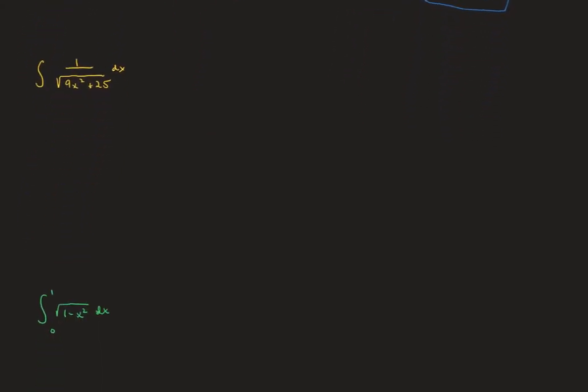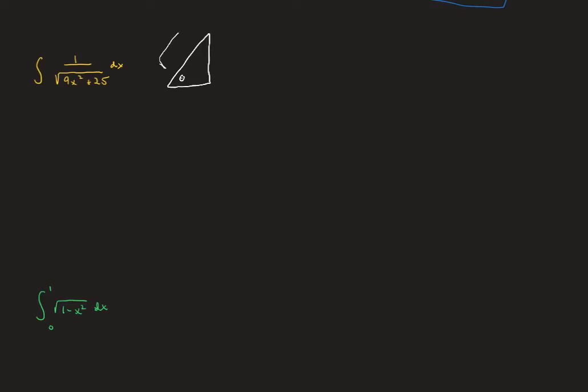Okay, let's take a look at another one. So on this one, we can draw our triangle again. This time, because we have a sum inside the radical, we know that that is going to be the hypotenuse. And so that means one of these other sides is going to be 3x and the other one is going to be 5.